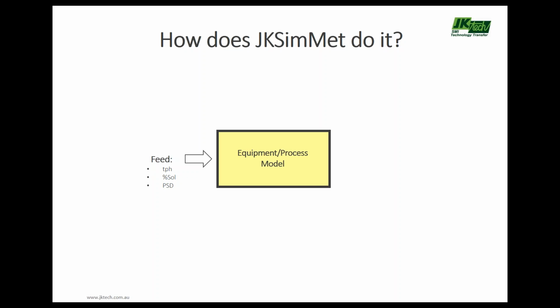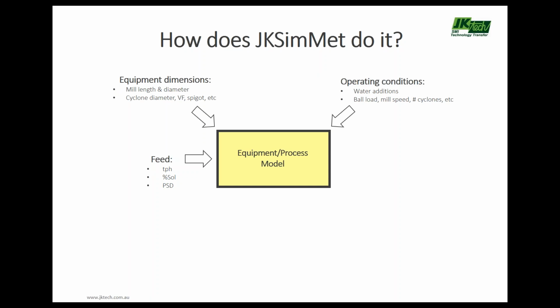That needs to be the input to the model, but we also need other information like equipment dimensions for mills, hydrocyclones, or crushers. Also, we need to input operating conditions such as water additions, ball loads, mill speeds, number of hydrocyclones.